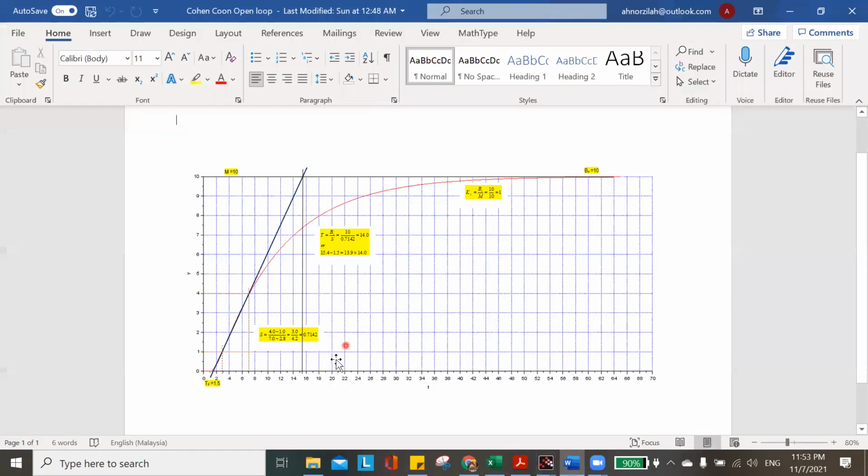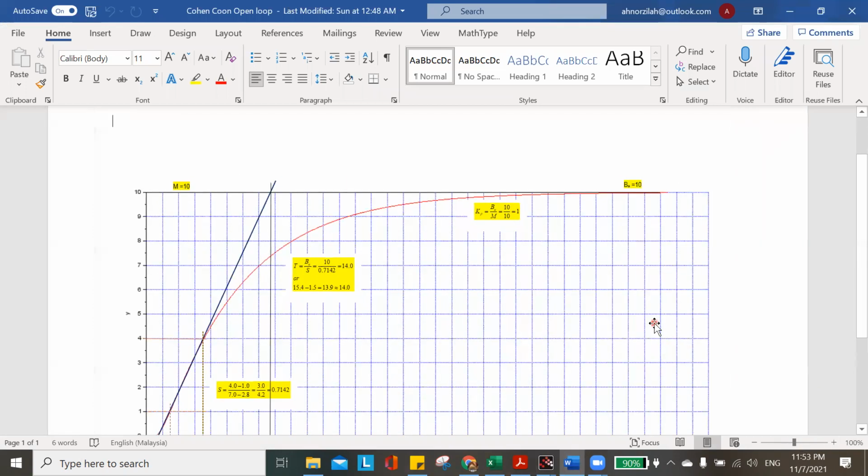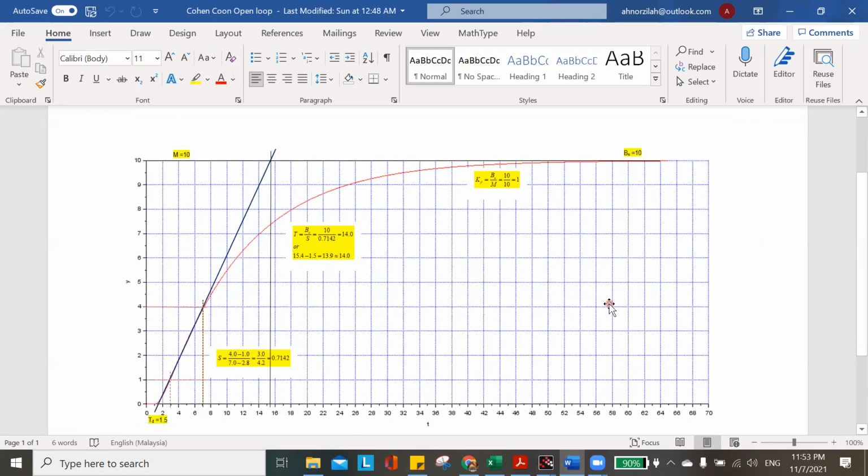I did that, and I transferred the graph to Microsoft Word. So this is the enlarged figure. I put the simulation time up to 70, and the y-axis maximum is at 10, minimum 0. So this is the reaction curve.